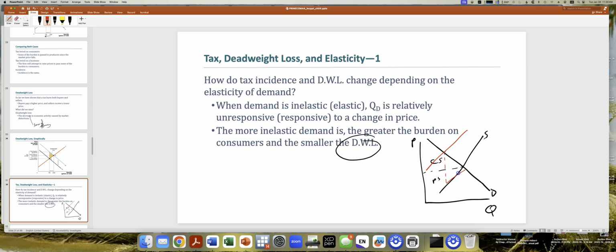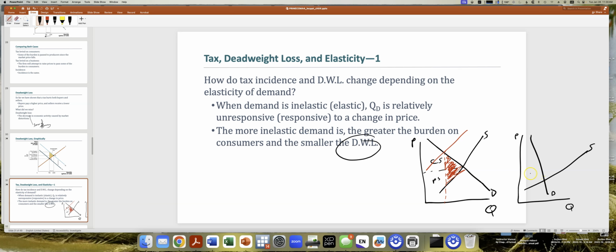Now, let's take this same picture. And draw a really steep demand curve, meaning a really inelastic demand curve.